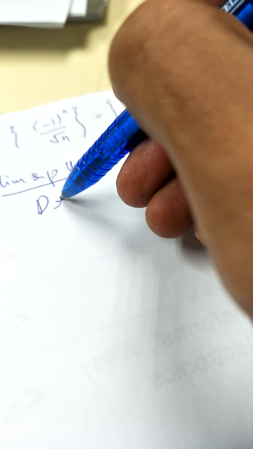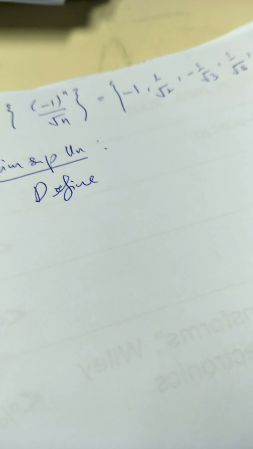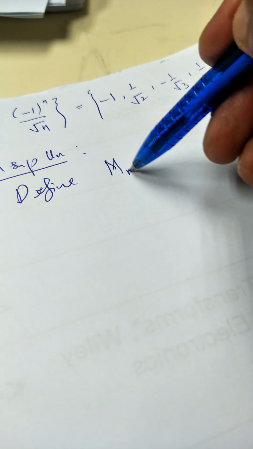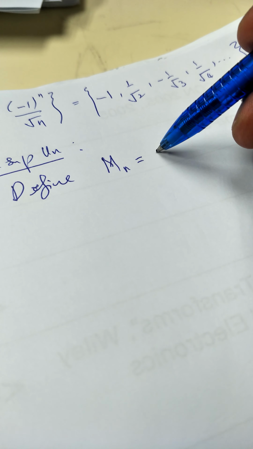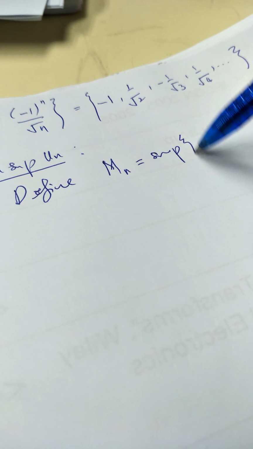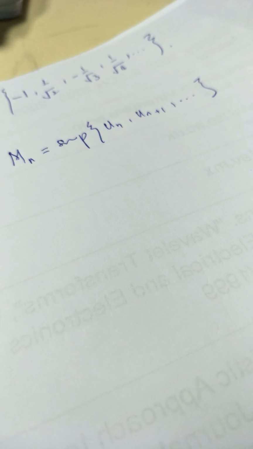So to find the lim sup of u_n, we want to find this. We always begin with this. We define what is our M_n. M_n is the supremum of u_n, u_(n+1), u_(n+2), and so on.